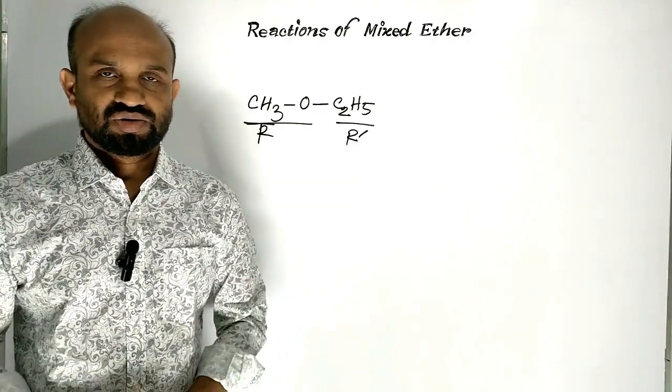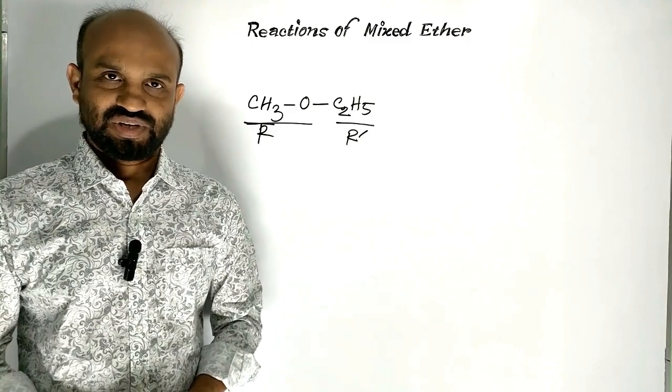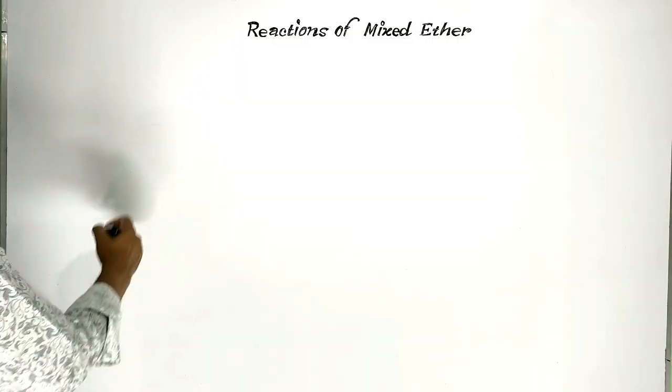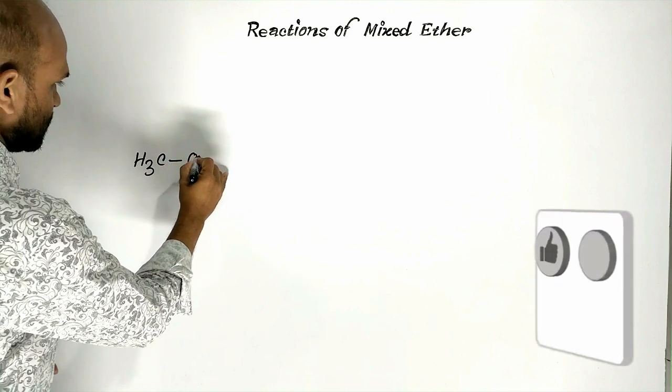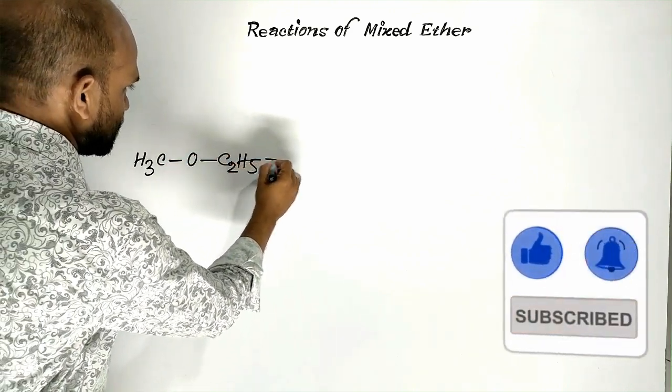In this lesson, we are going to learn reactions of mixed ether. So let's begin. Mixed ether, CH3, oxygen, C2H5.